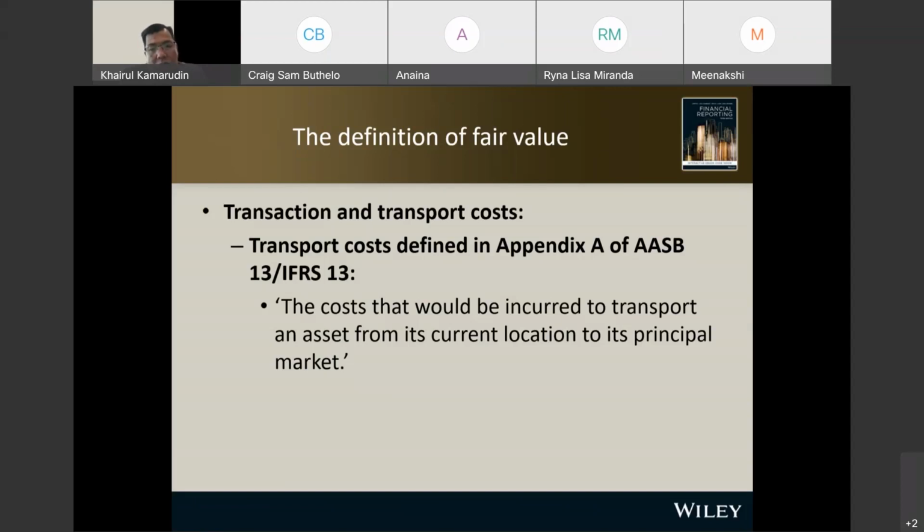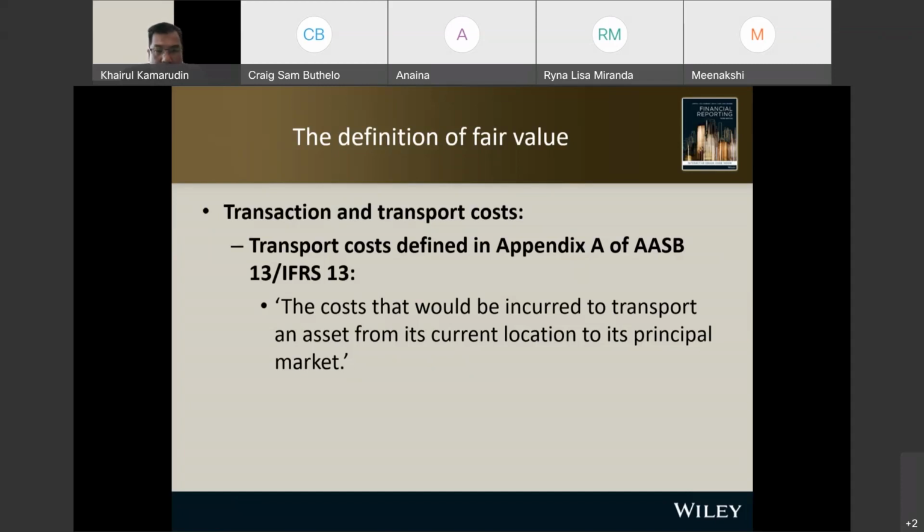Or if you have fish, for example, if you are involved in this kind of business, you can see that the biological assets grow in size. So you need to determine the value. What is the value of a 2 years old cow, or 3 years old cow? So how are you going to value that?